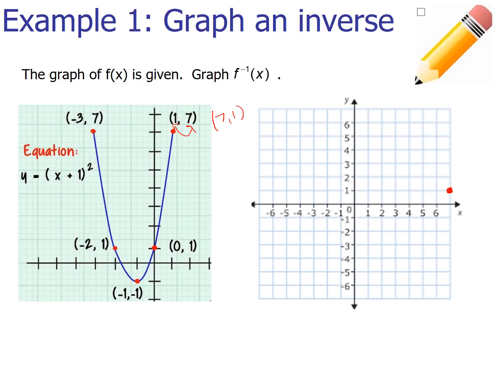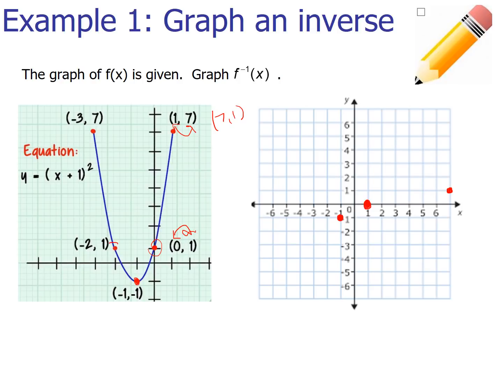I'm going to start on this next point here, 0, 1. Now I'm going to switch my x and y, so now it becomes 1, 0, which means that I go to the right 1 and up nothing. My point down here is negative 1, 1. Well, that's easy. When I switch them, it's the same thing. So negative 1, 1 is the point right here, same point.